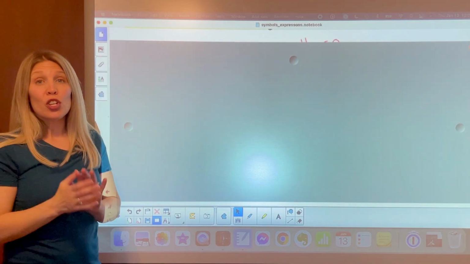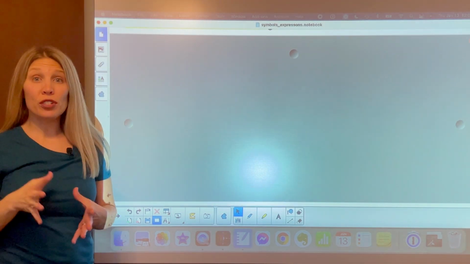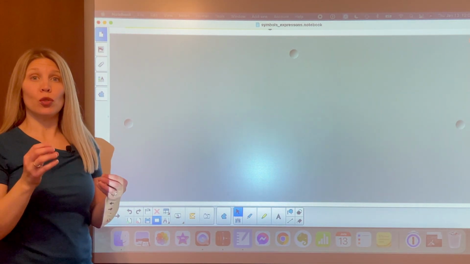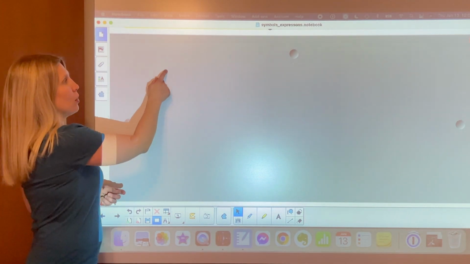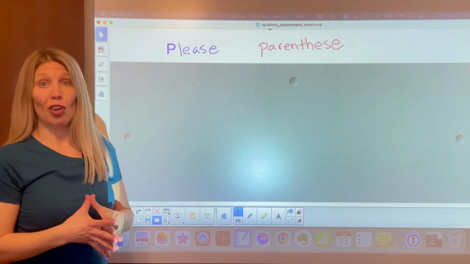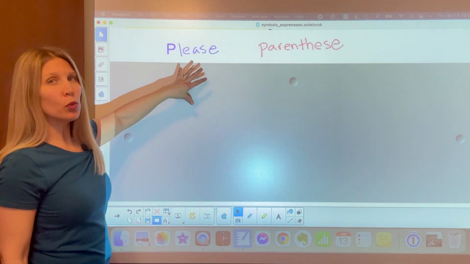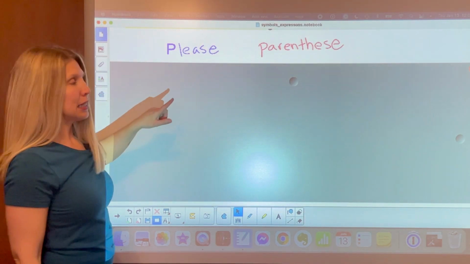There's something else you're definitely going to want to get into your notes. Now, when you're dealing with these groupings, there's an order to how you want to simplify the problem to get the correct answer. The first thing you have to do is you have to do your parentheses, which we just talked about. And you'll notice over here, I'm going to show you a little acronym to help you remember what order. Parentheses starts with a P. We're going to remember the word please.